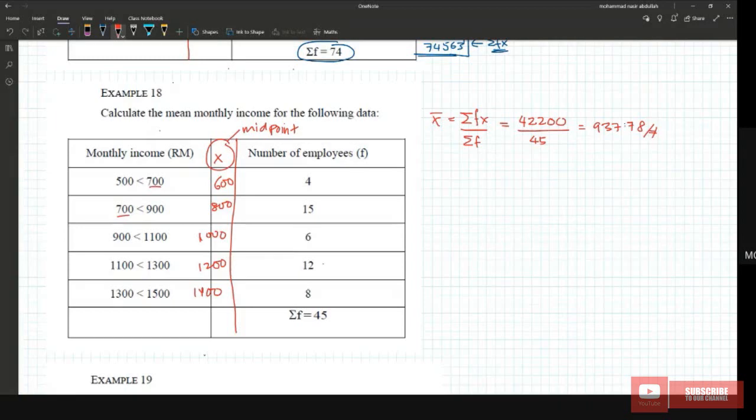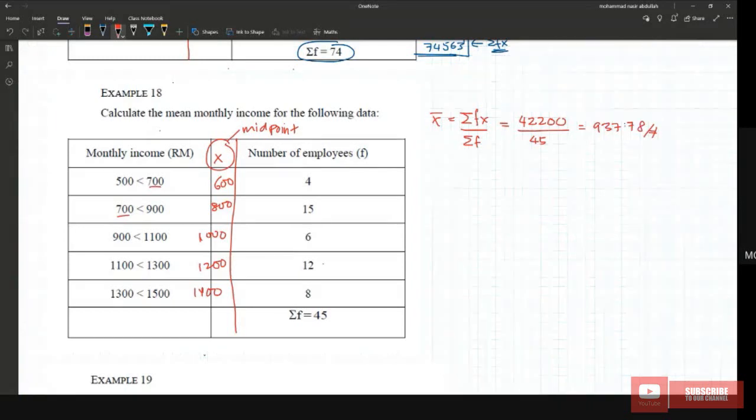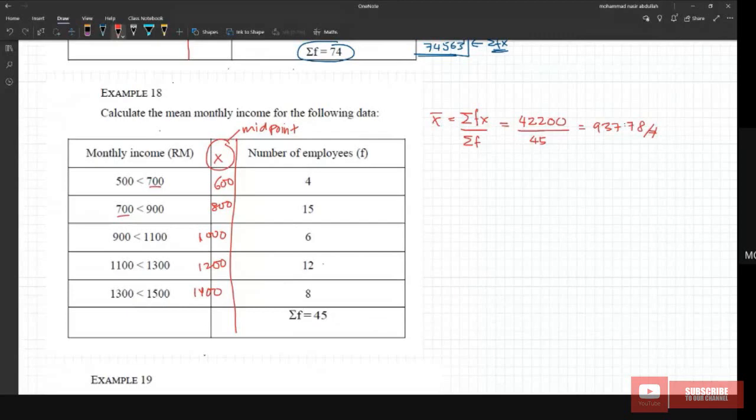And this is going to be 4, 15, 6, 12, and 8. Yeah. This one should be 4600. Yes, correct. This is 4600 divided by 45 should be 1022.